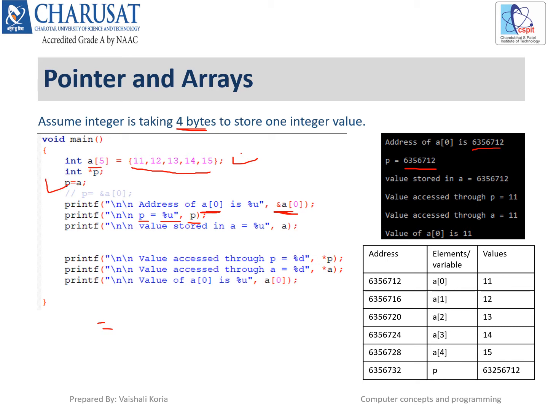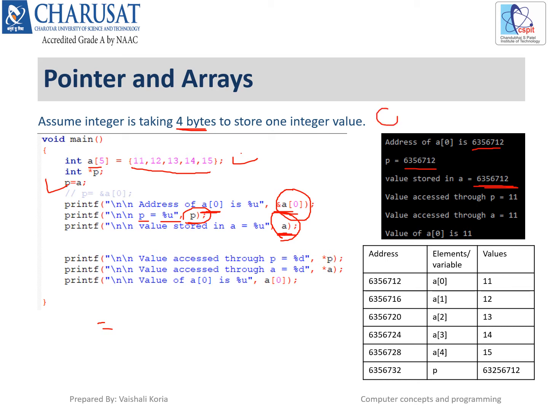Okay, now if you want to print the value of a, a is also containing the address of the first element, right? So the output of that is also the same. So the first element's address of the array can be printed using the address of a of 0, or you can use the pointer variable, or you can use the array name also. But the important thing here is that the array name is a constant pointer to the first element of the array, right?